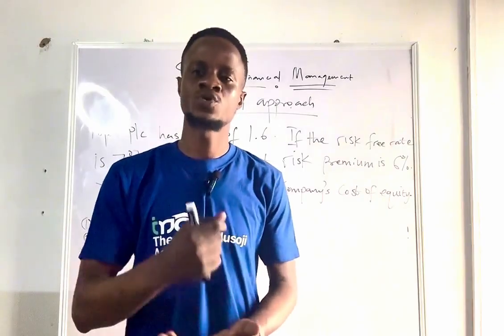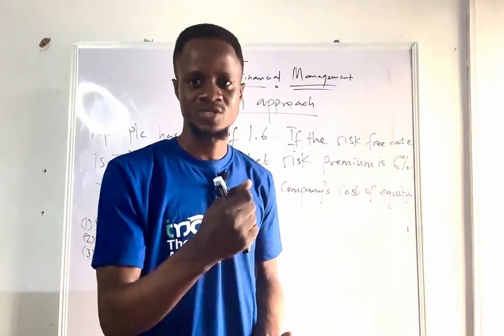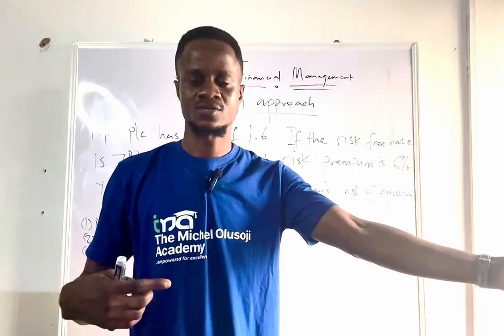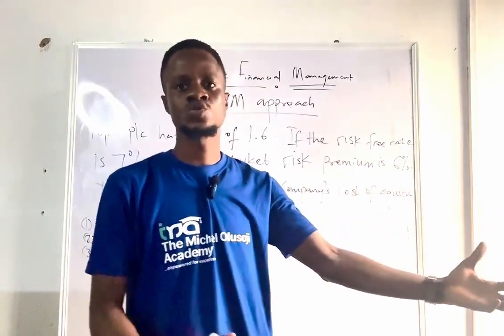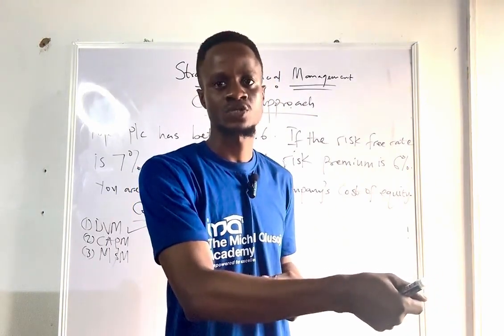Always see it that way, because cost of equity is the minimum required rate of return expected from an investment, right? That is the amount you're supposed to get if you put your money in a particular capital project or investment.